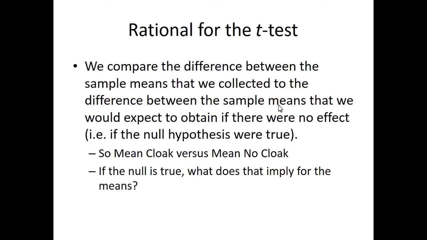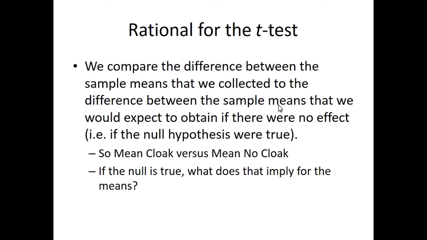So we're going to compare our differences between sample means to a null hypothesis. This is why it's called null hypothesis testing. If there's no effect, we're trying to see if this ratio is different from 0, because we're comparing this to a null, that there's nothing happening. So we're going to take mean cloak versus mean no cloak.